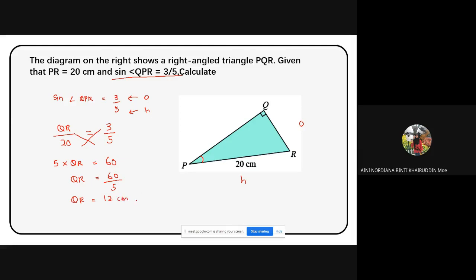This is the other way to calculate QR by using cross multiplication. This one, okay, Kavi? Is it clear? Okay, teacher. Okay. Thank you. Welcome.